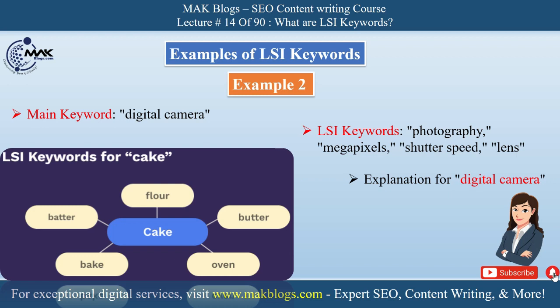Megapixels and shutter speeds indicate specific technical details that are often associated with digital cameras, and lens relates to the important components of a camera. Including these LSI keywords helps search engines understand the depth and breadth of your content about digital cameras and photography.